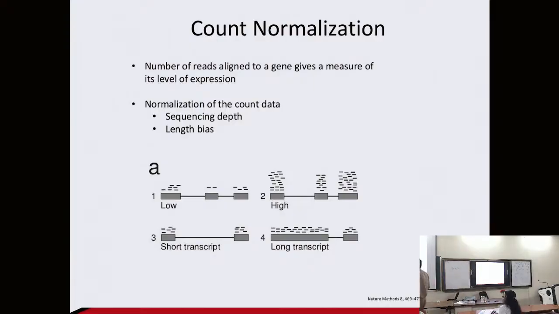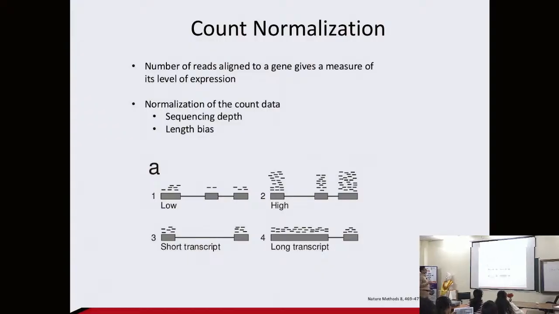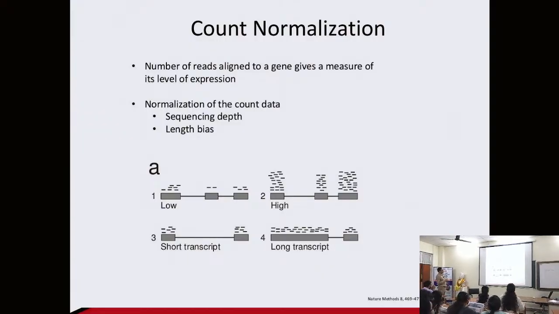Let's look at two confounding scenarios. The first scenario is sequencing depth. Your sequencing depth could be high, meaning you have sequenced so many times that you have covered the genome maybe 100 times. On the other hand, for some sample you have covered the genome only 10 times, which is lower sequencing depth.